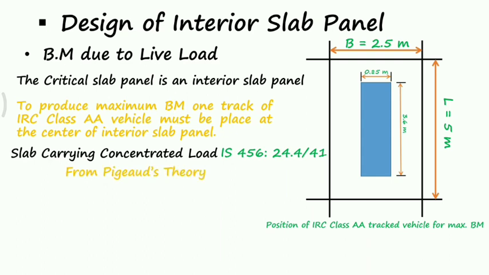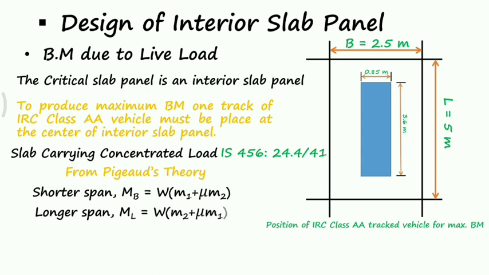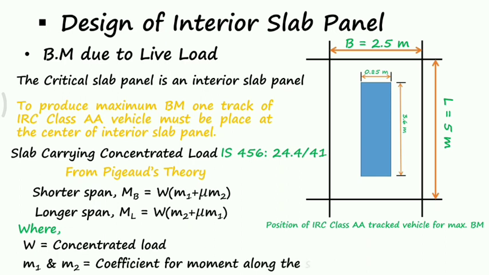As per Pigeaud's theory, the shorter span moment MB is equal to W (M1 plus mu M2), and longer span moment ML is equal to W (M2 plus mu M1), where W is the concentrated load, and M1 and M2 are the coefficients for moment along the short and long span.